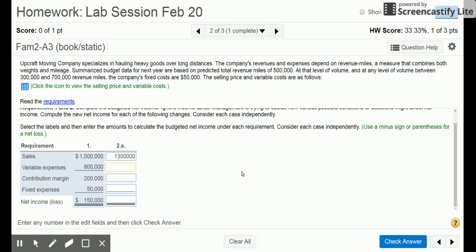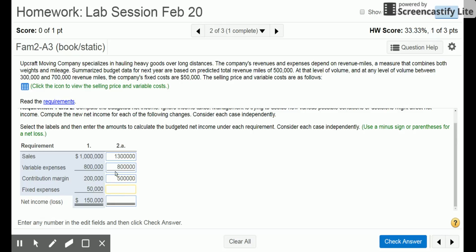Our variable expenses stay the same, so $800,000. Our contribution margin will go up by 300,000, so we'll have $500,000.